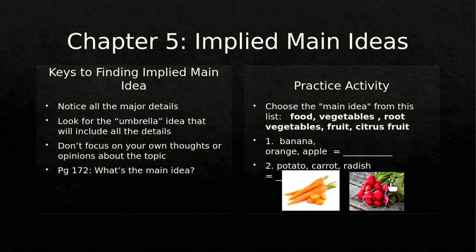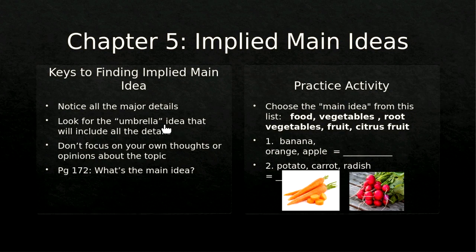Okay, so again, this is the simple way to illustrate my 3 keys to finding implied main ideas. We're noticing all the major details. We've got to categorize them, make sure we're clear about what they are. And then we can look for that umbrella idea that will include all of the details.